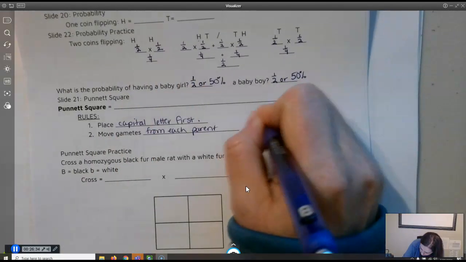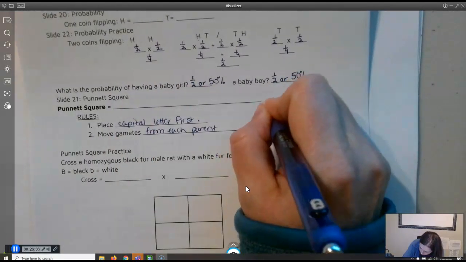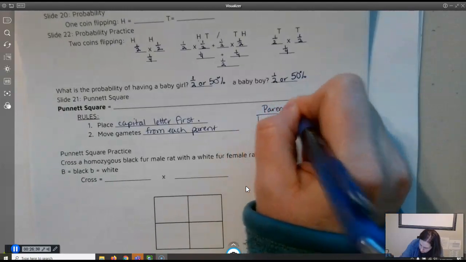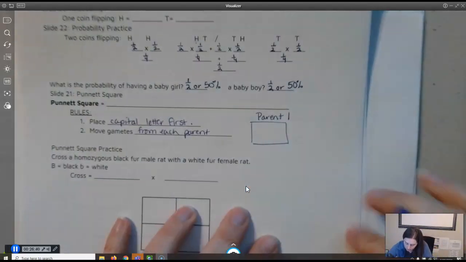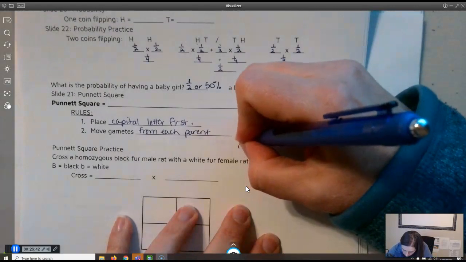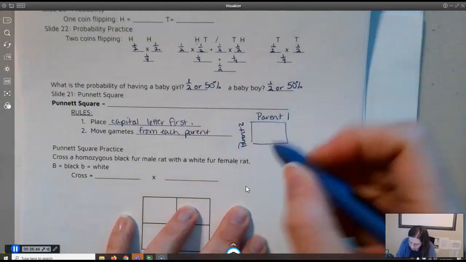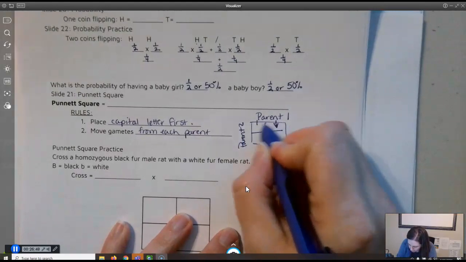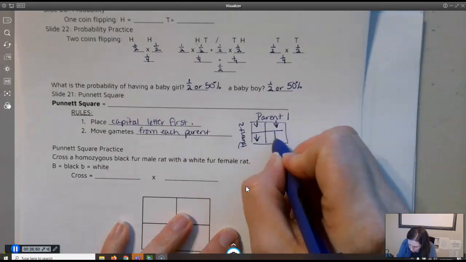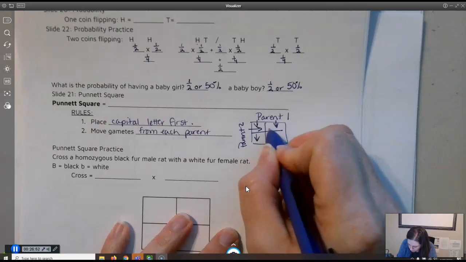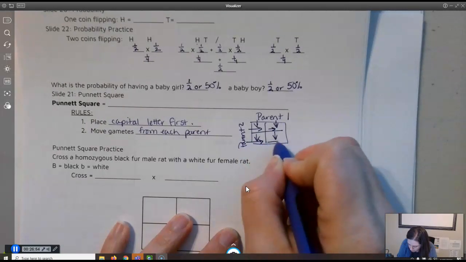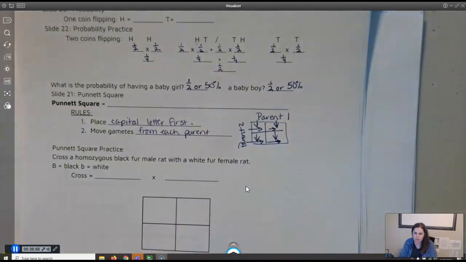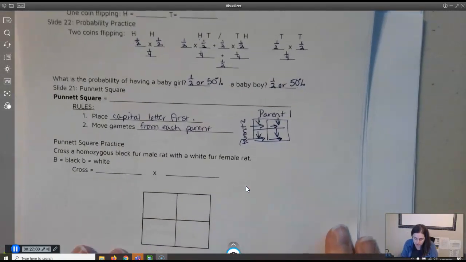And then parent 1 goes here, and parent 2 goes here, and the parent 1 gametes go down the row, and these ones go across the row. Okay? Hopefully that arrows make sense. It'll make sense when we start doing actual letters here.